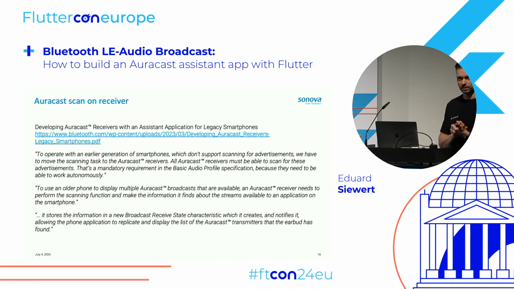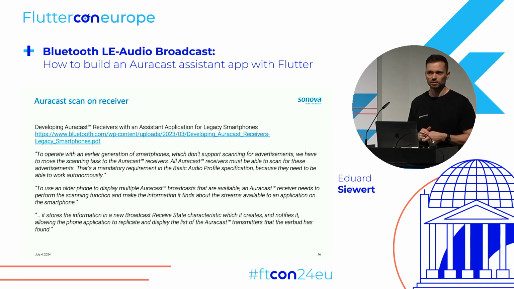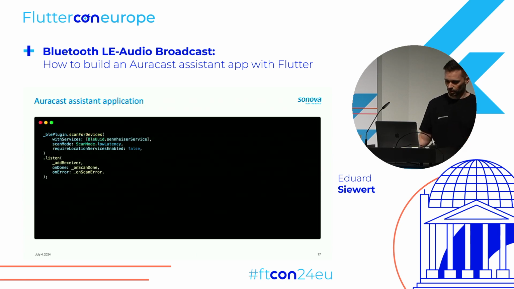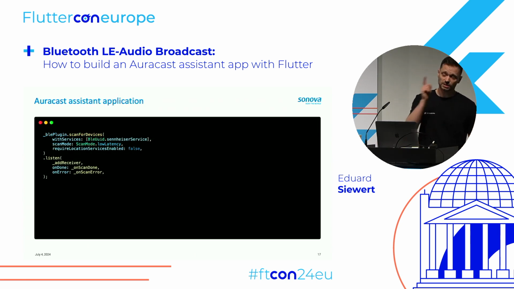All right, so I think we saved our little project, and we are just going to use this little workaround to implement this functionality. So again, we're going back into coding. We're doing the scan again, but this time we're not scanning for sources because that's what our receiver will do for us. But we still need to connect to our receiver first.